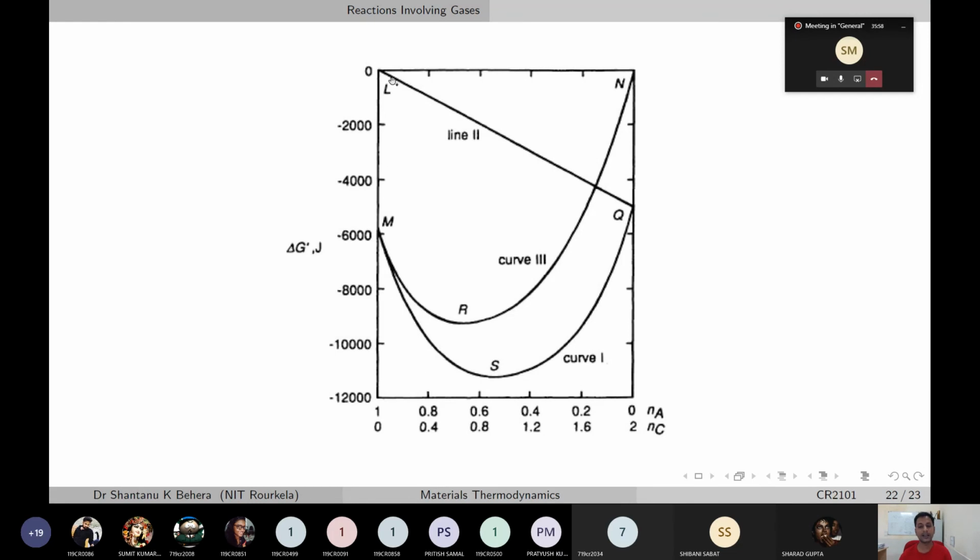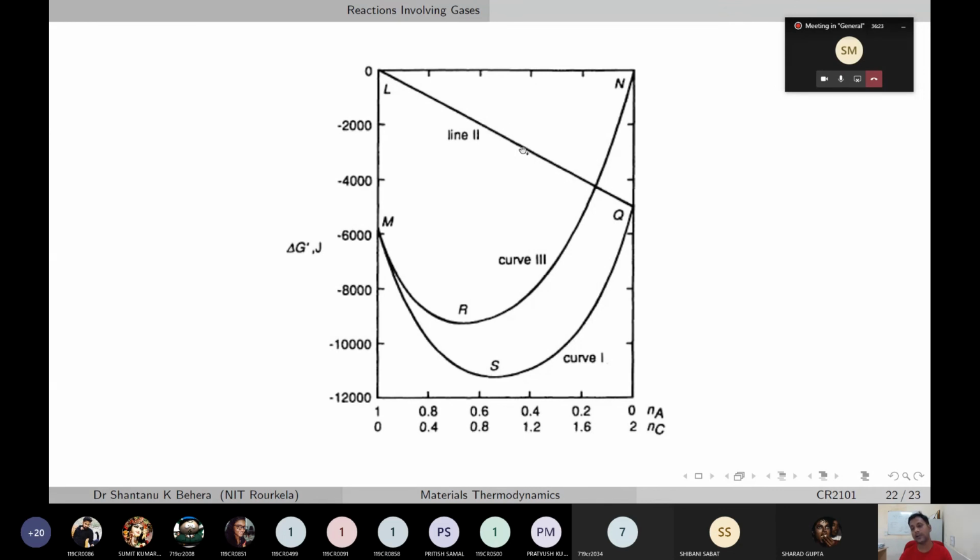This one doesn't talk about the mixing process. It just simply scales with more and more amounts of C formed. That means when more and more C is being formed, it simply multiplies that with ΔG°, the standard change in free energy for the reaction, and it simply keeps on increasing.